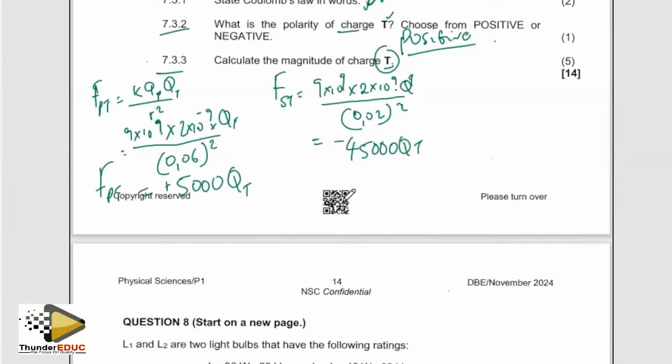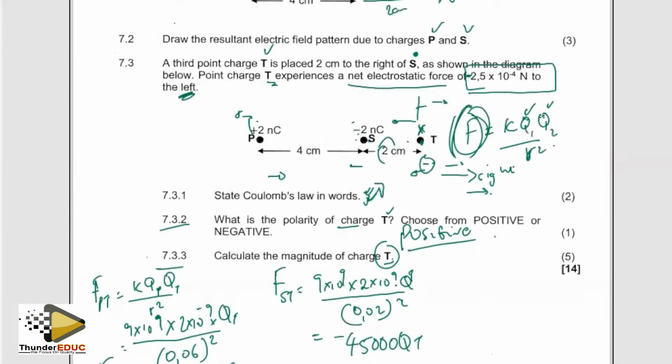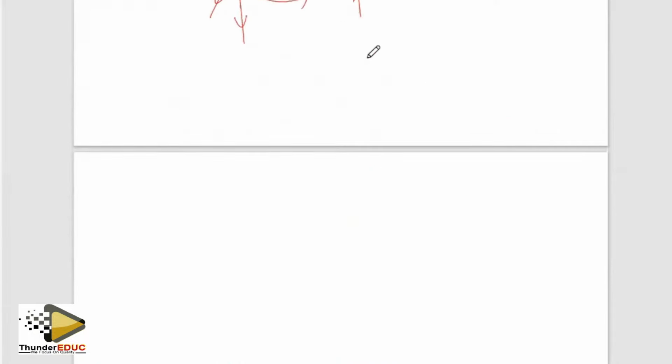Then if we include the net into our calculations, which is the 2.5, so I have the 5,000 QT, and then I also have the 45,000 QT. Combining these two, we must get the 2.5.